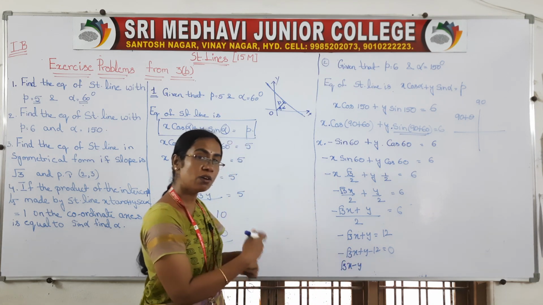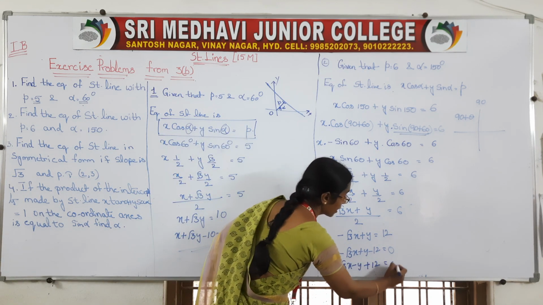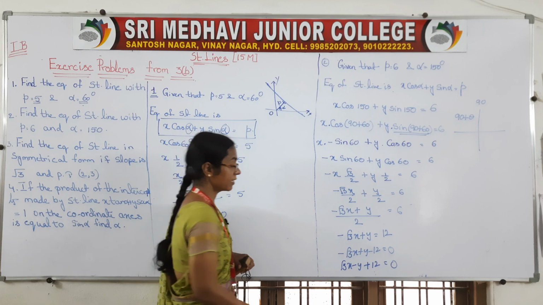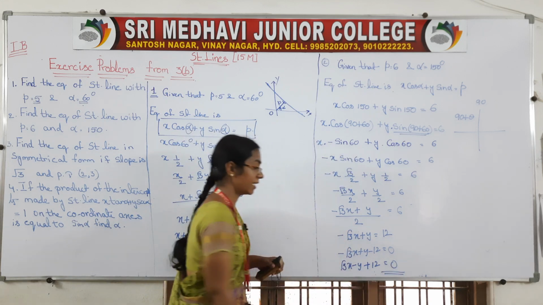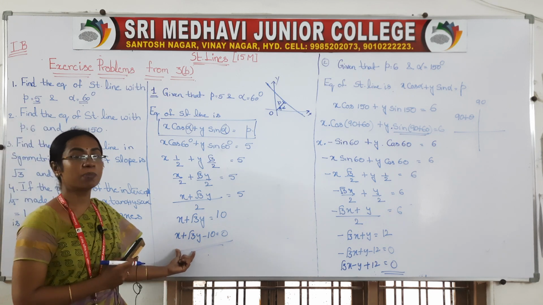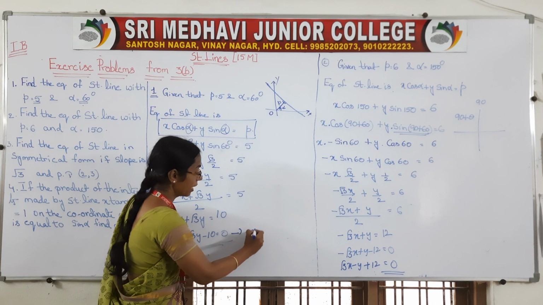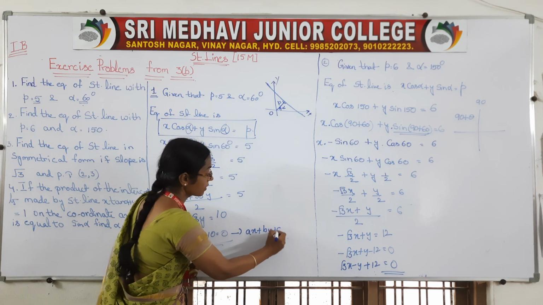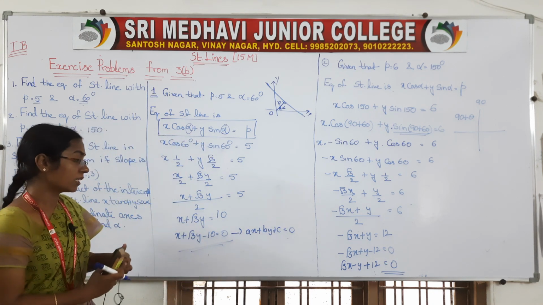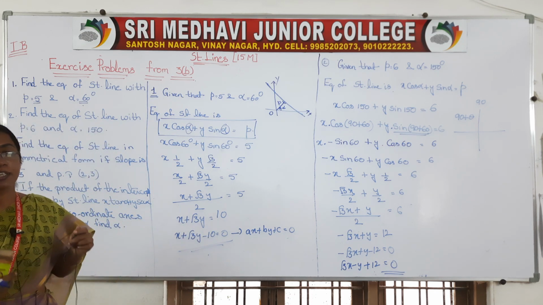Those which are negative become positive, those which are positive become negative, because we multiplied with minus 1. This is the required straight line equation. At the end, your line equations will be like this only. Which form is it? It is of the form ax plus by plus c is equal to 0, that means x term, y term and constant term.